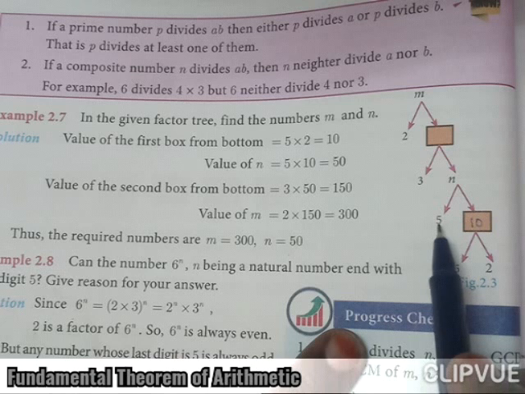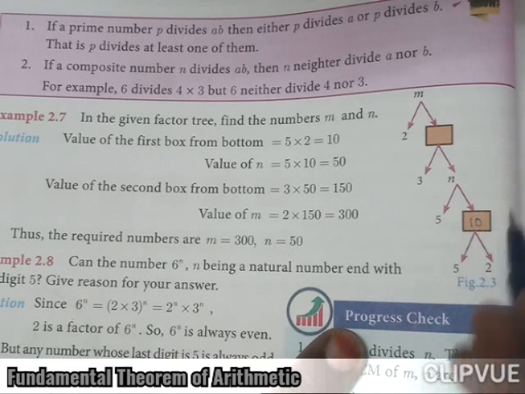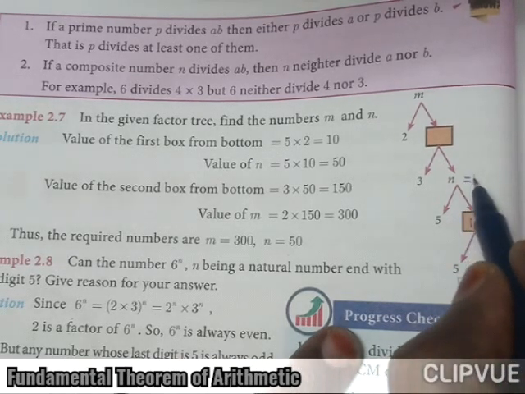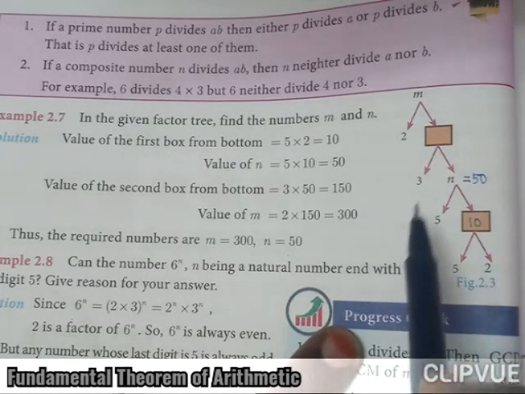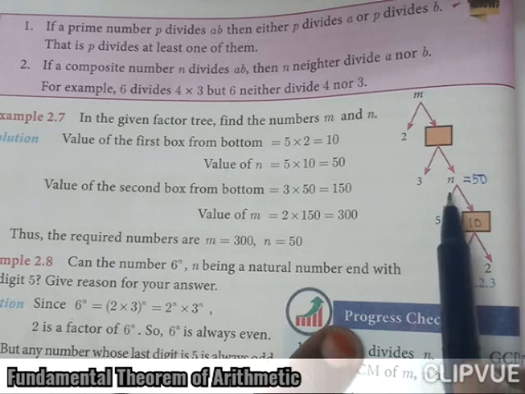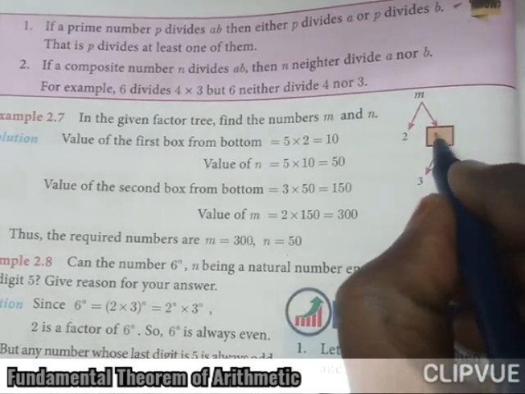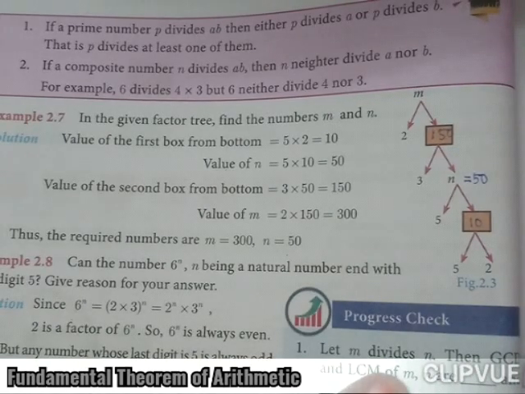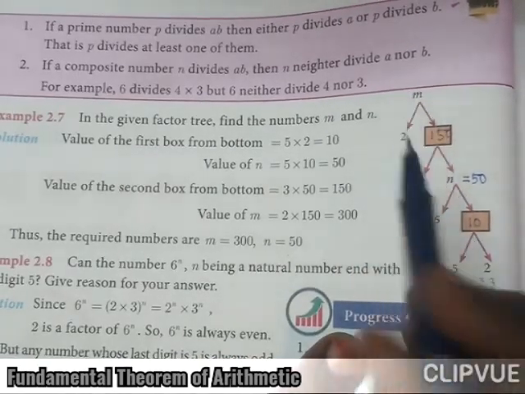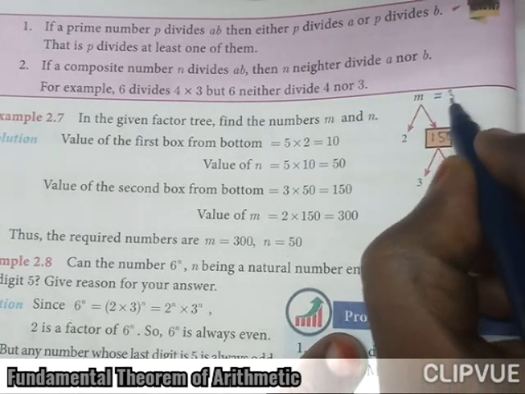Next, 5 into 10 gives 50, so the value of n is 50. Then 3 into 50 gives 150. The next one, 2 into 150 is equal to 300.